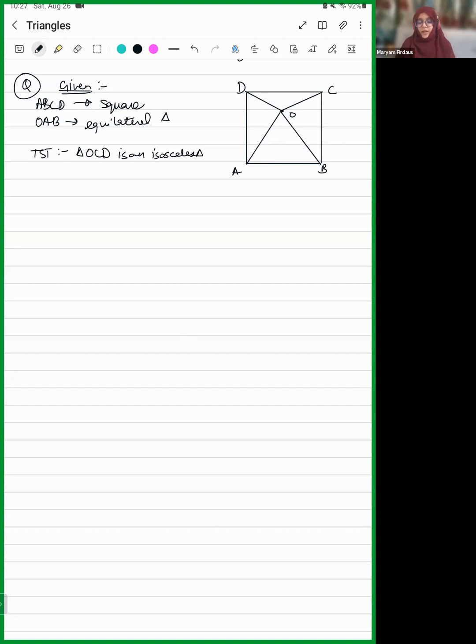Very good. And how will you do that? Ma'am, I might require a minute or two. Yeah, take a few minutes. Remember the two things I told you about a square, the angle and the side. And then over here you have one more thing, equilateral triangle.